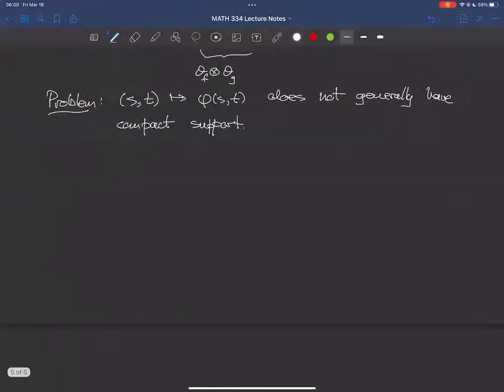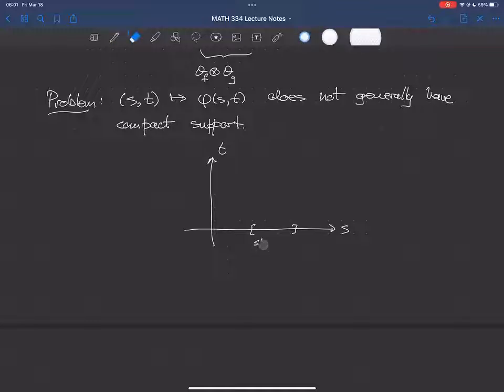Okay, and the issue is something like this. If you think of how the function phi is defined as a function of two variables. Let's say this is s and this is t. And let's say the support. So we know that the support of phi is compact. Let's suppose that it's some compact interval, so that I can draw it.